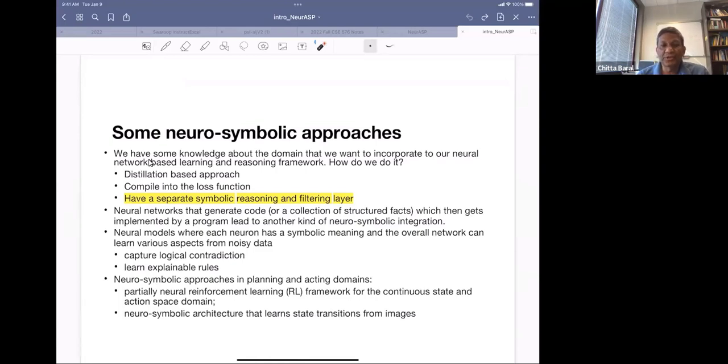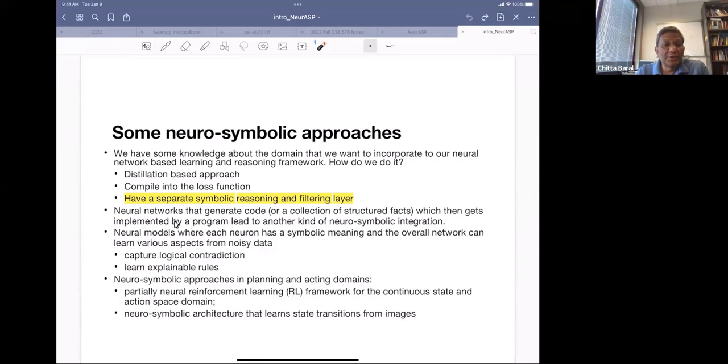You can distill that knowledge during the input, and what it does is basically automatically creates additional data to train. If you have some knowledge, you may actually compile it into the loss function, and for a certain kind of knowledge that's now possible, and that's quite efficient. Or you could have a separate symbolic reasoning and filtering layer, which is the approach that is used in this paper. So this is one group of neurosymbolic approaches.